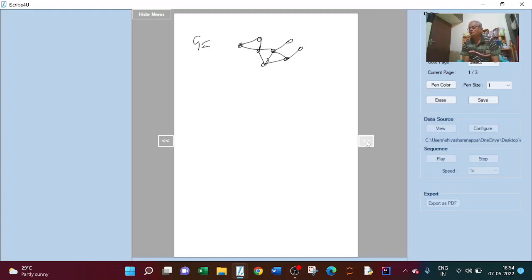I have considered graphs with more than one point. Suppose it has only one point, then you say that it is a trivial graph.